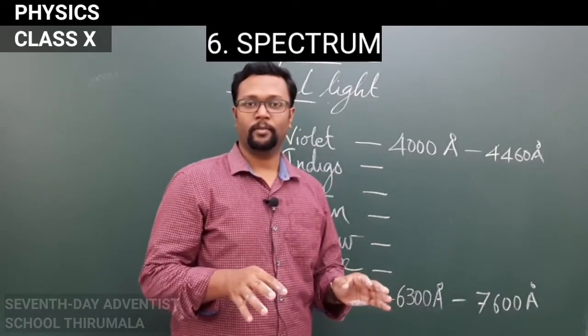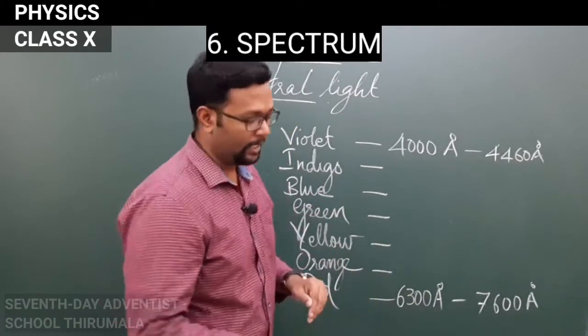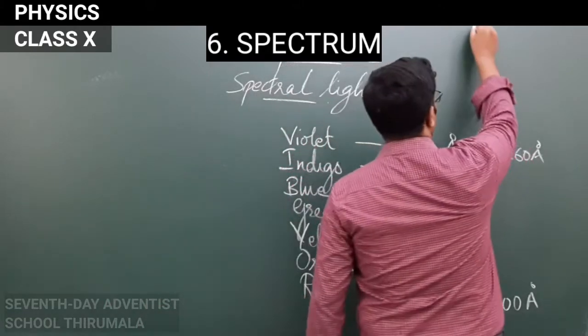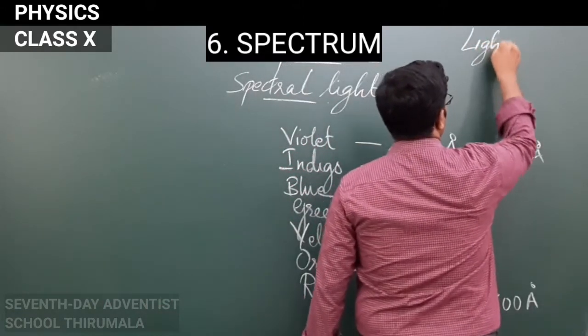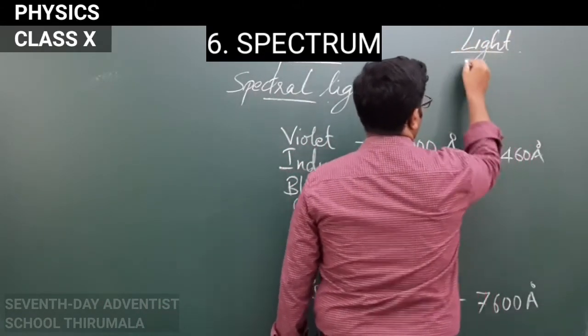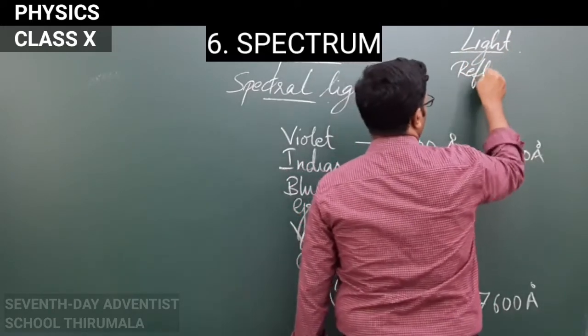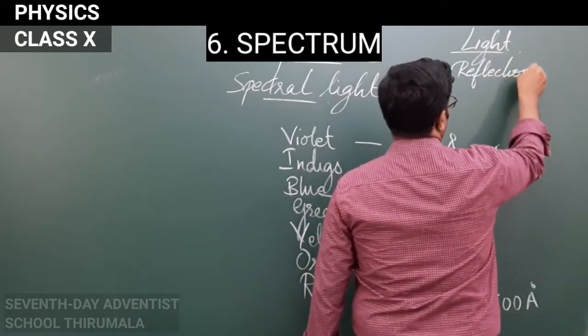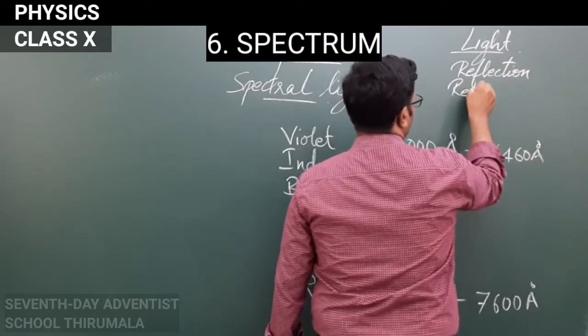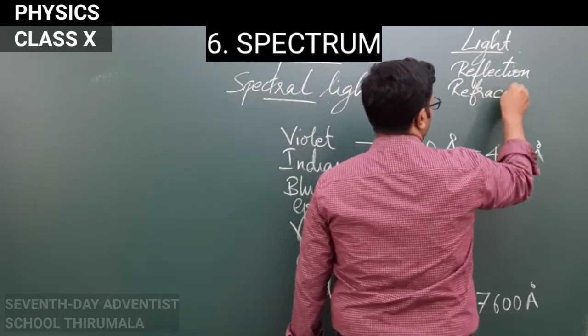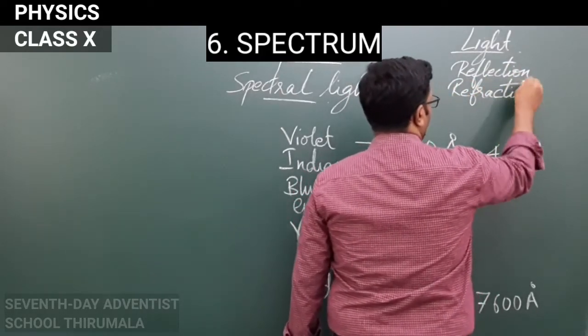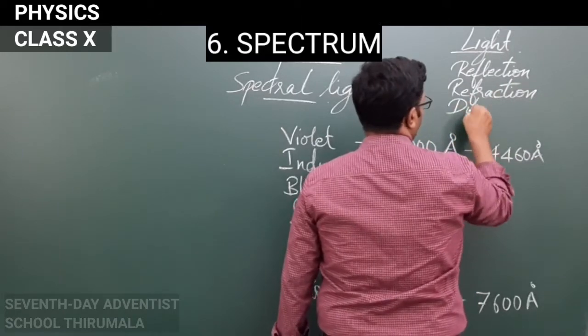Okay. Now when I mentioned light earlier, I spoke about certain properties of light: reflection, refraction, and we have one more, which is diffraction.